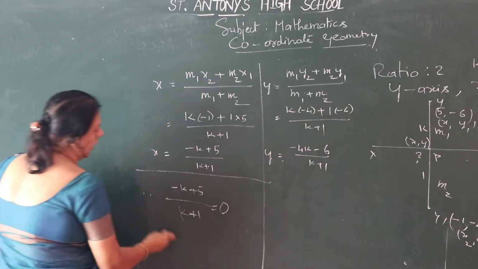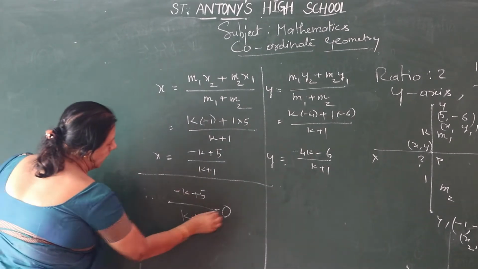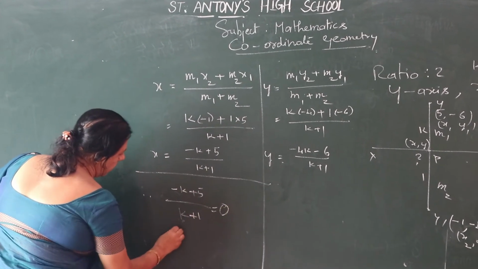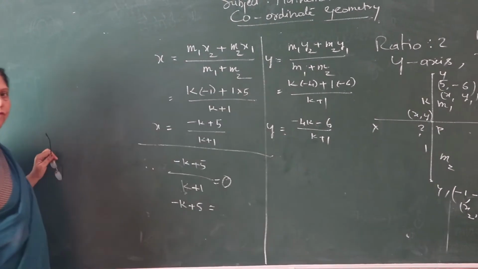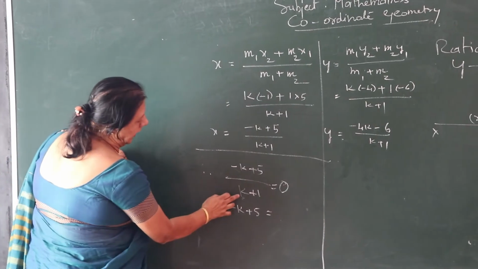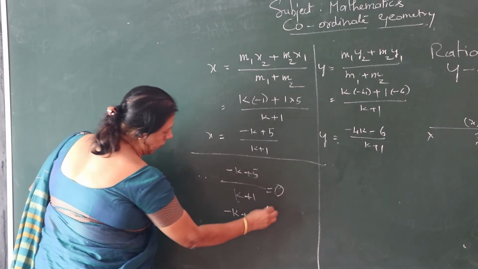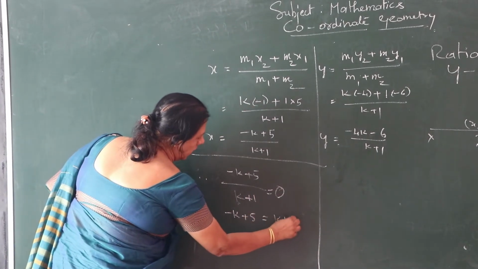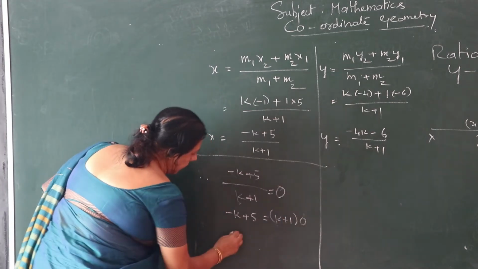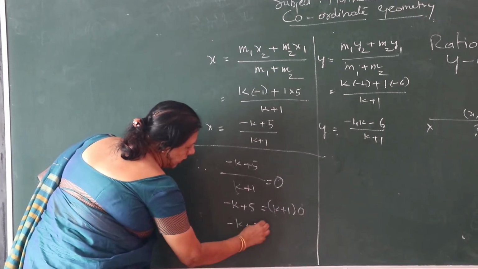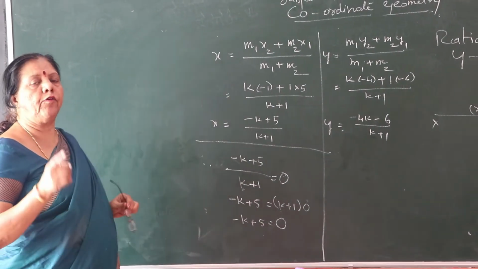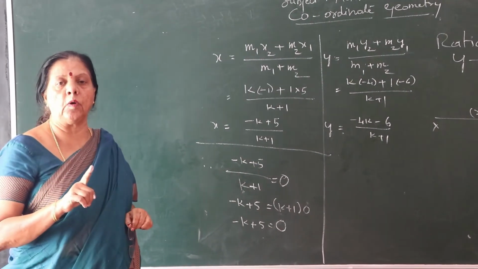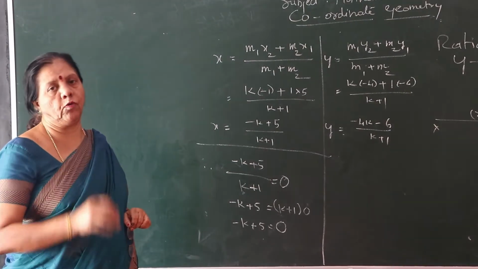We want the k value by cross multiplication. Minus k plus 5 into k plus 1 into 0. That is minus k plus 5 is equal to 0. Anything multiplied with 0 is equal to 0 only.